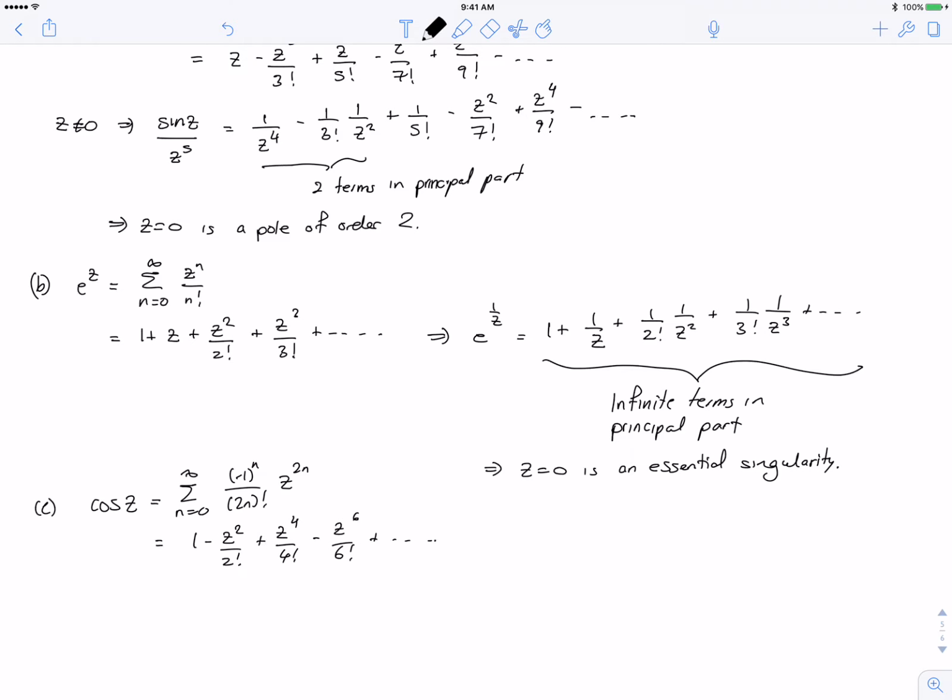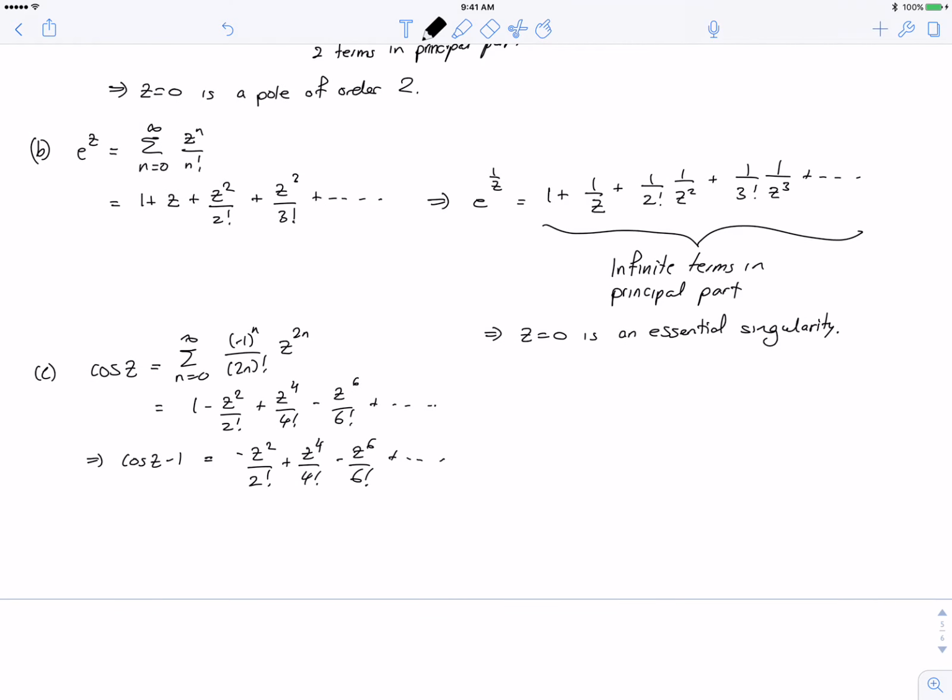Now if we subtract 1 from here, as you can see, that first one is going to go away. So I'm left with this. Again, this is going to go on forever. And now, because I'm finding the Laurent series at 0, it's going to be in an annulus surrounding 0, so 0 is not included.